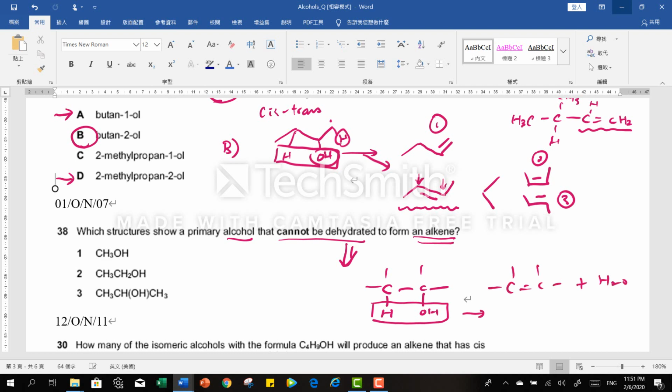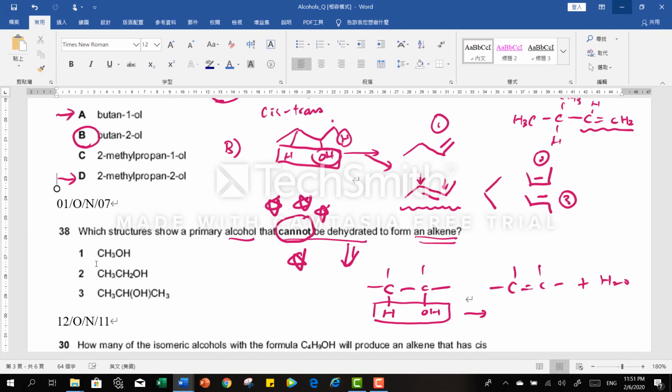Okay. Now let's take a look. Which one cannot? So this one, it only has 1 carbon. Of course, if it only has 1 carbon, you can remove the OH from this carbon, but you cannot remove the H from the other carbon because it only has 1 carbon. So it cannot undergo dehydration.